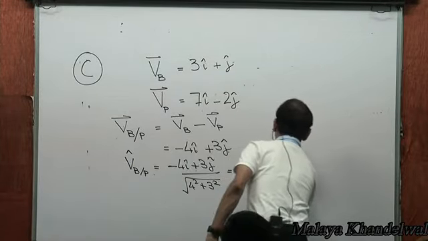This is a unit vector in the direction of relative velocity, and opposite to this direction would be the direction of frictional force. So a unit vector in the direction of frictional force would be the negative of this unit vector, which would be 4i cap by 5 minus 3j cap by 5. Does it make sense to you or not? All's good?